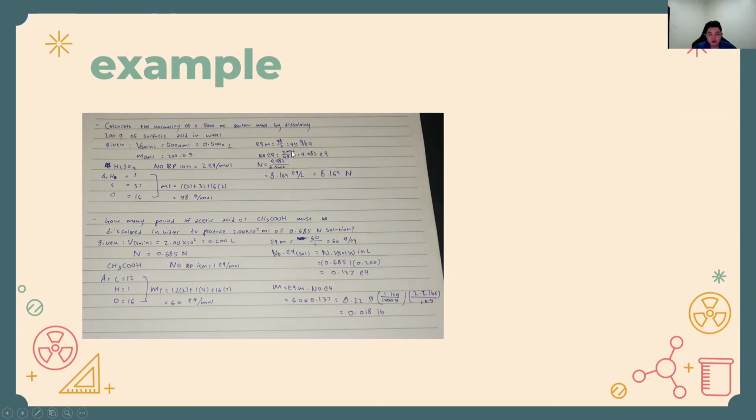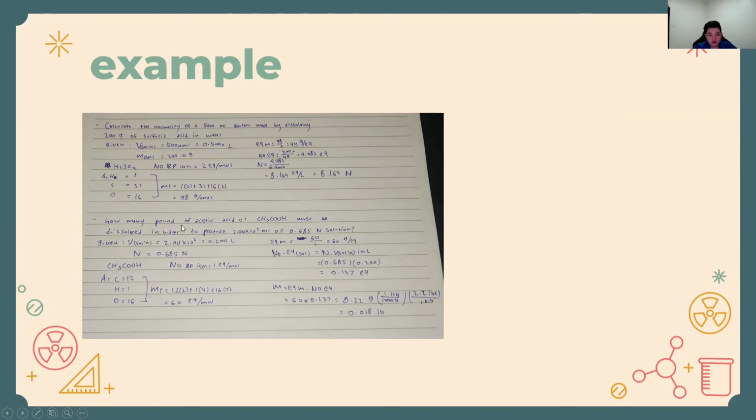And then the normality will be number of equivalent per the V solution in liter. So 4.082 per 0.5 will be 8.164 EQ per liter, or in normal.